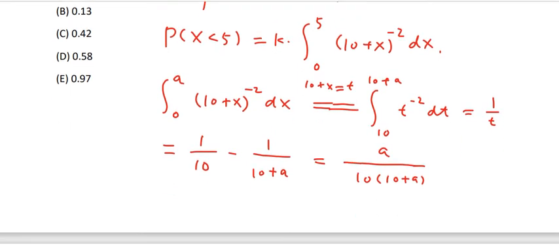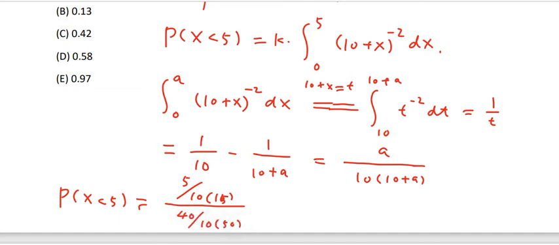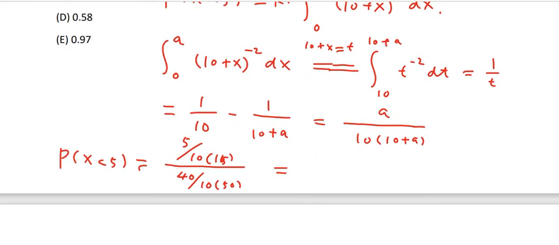So we can get the formula. Okay, so for the question of P of X less than 5, we let a equal 5, so 5 over 10 times 10 plus 5, or 15. Then divided by, where a is 40, 40 over 10 times 50. So we can cancel this 10, right?